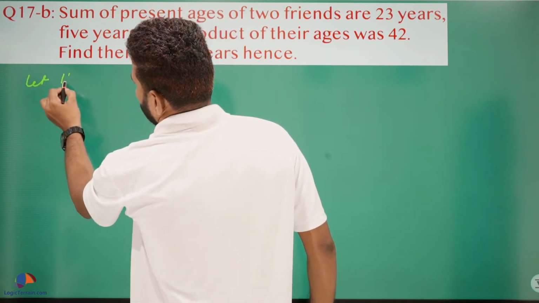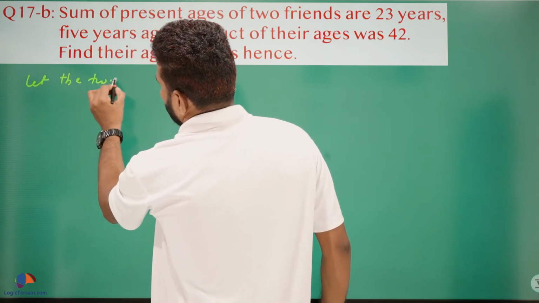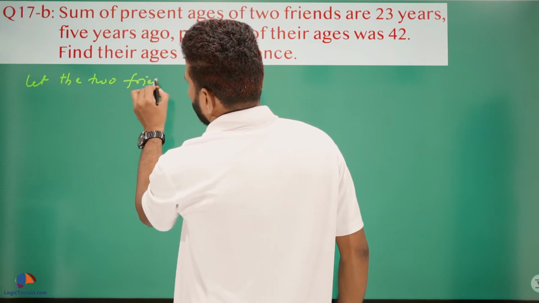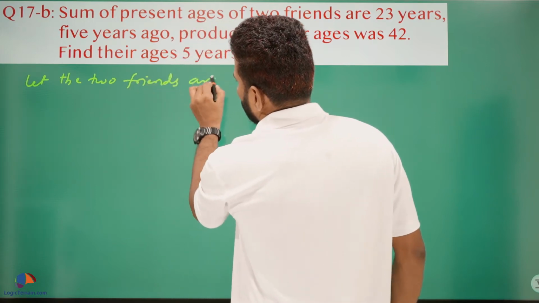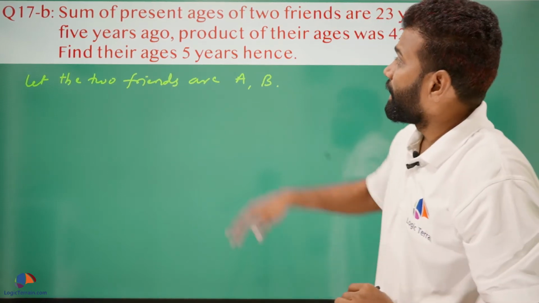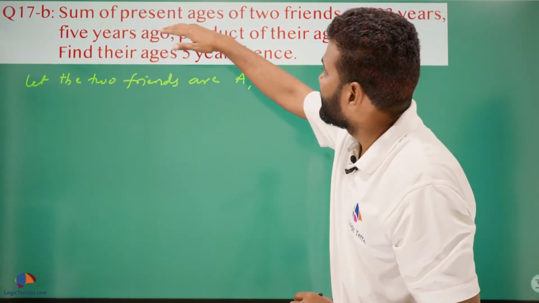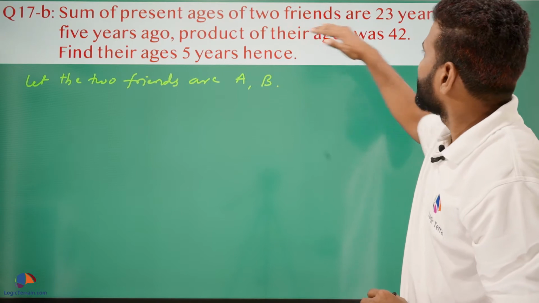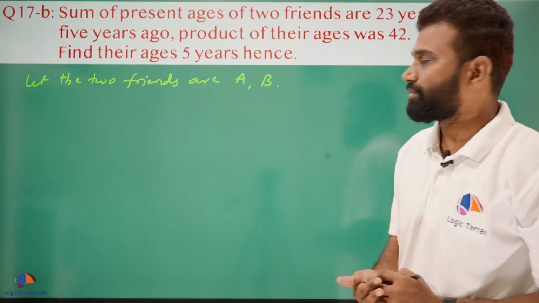Let the two friends be A, B, and the sum of their present ages is 23 years.